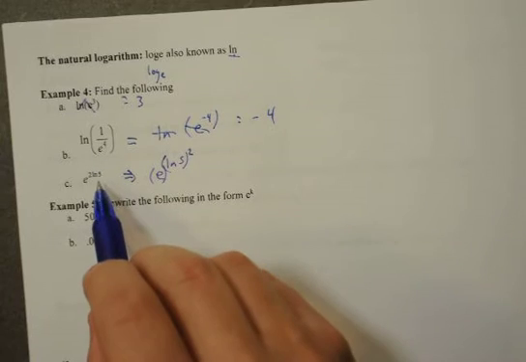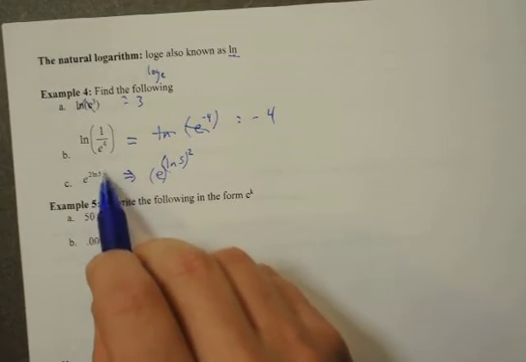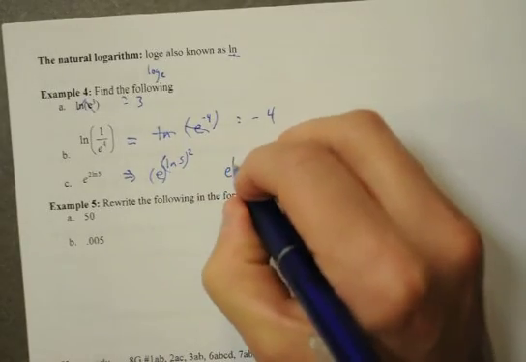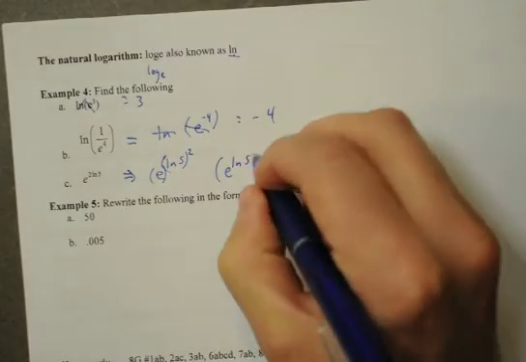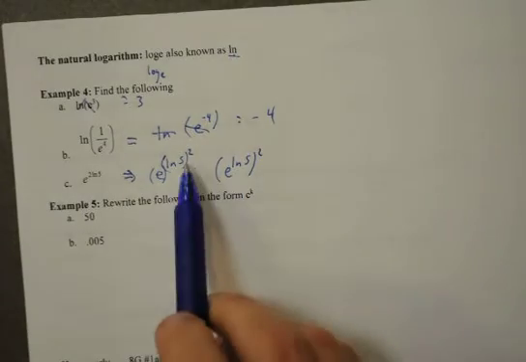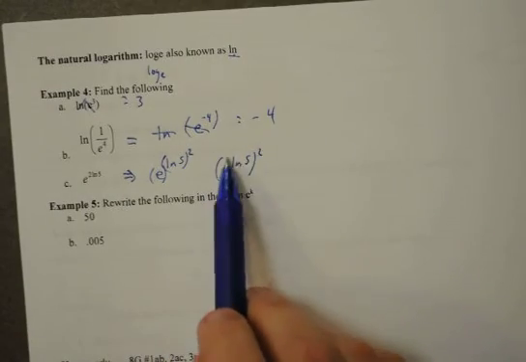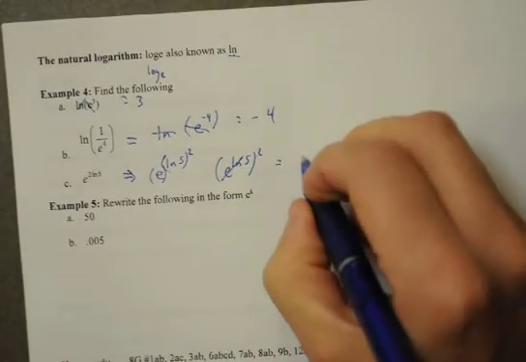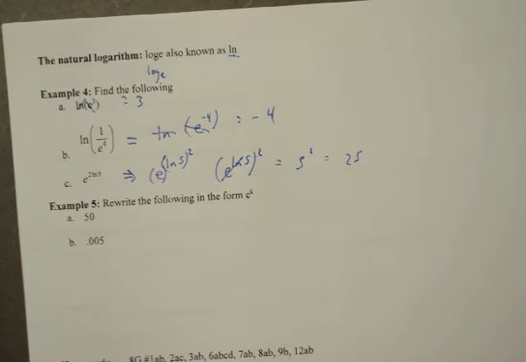Because when you multiply exponents, it's like raising a power to a power. Let me write that one more time. There, that's better. So when you have a power to a power, you just multiply them through. And so these cancel off, and you're left with 5 squared, which is 25.